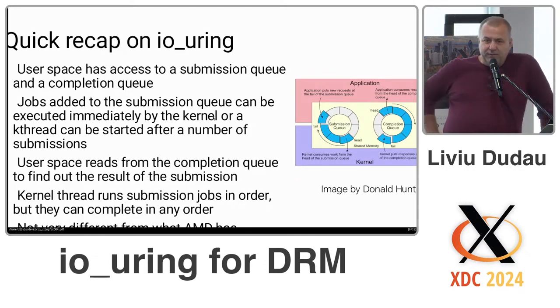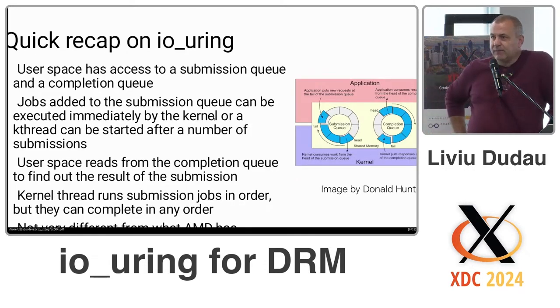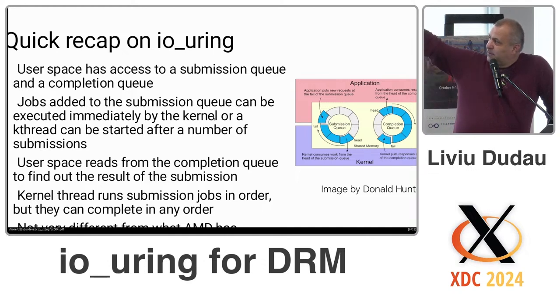So, a quick recap on io_uring. You have a submission queue where userspace adds jobs, and you have the option, for each insertion of a job, to get the kernel to do something, and you can wait for it.